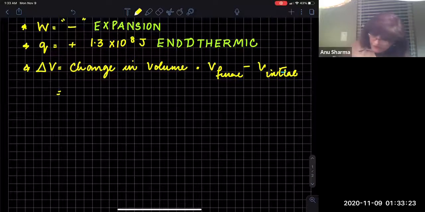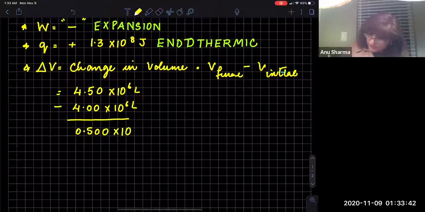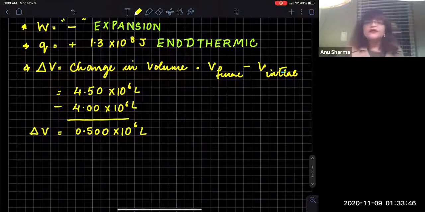Here we are given 4.50 × 10^6 liters minus 4.00 × 10^6 liters. And that gives you 0.500 × 10^6 liters. So that is the value of ΔV.